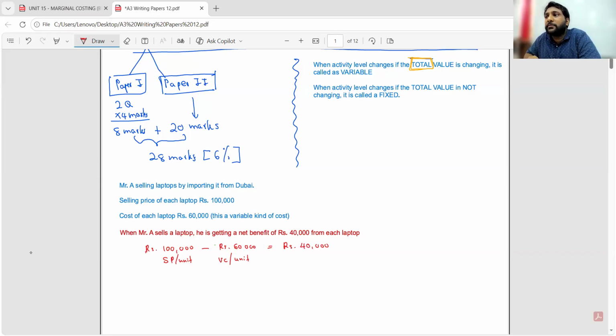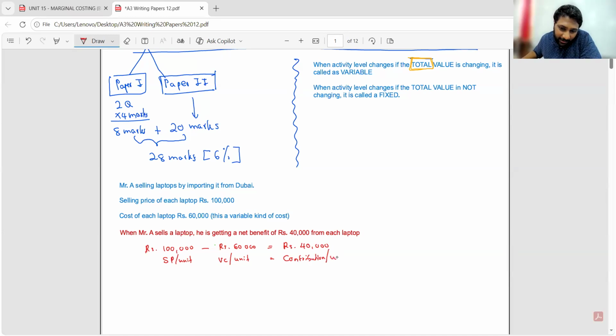It's not profit. We will call this one, as we are doing management accounting, contribution.